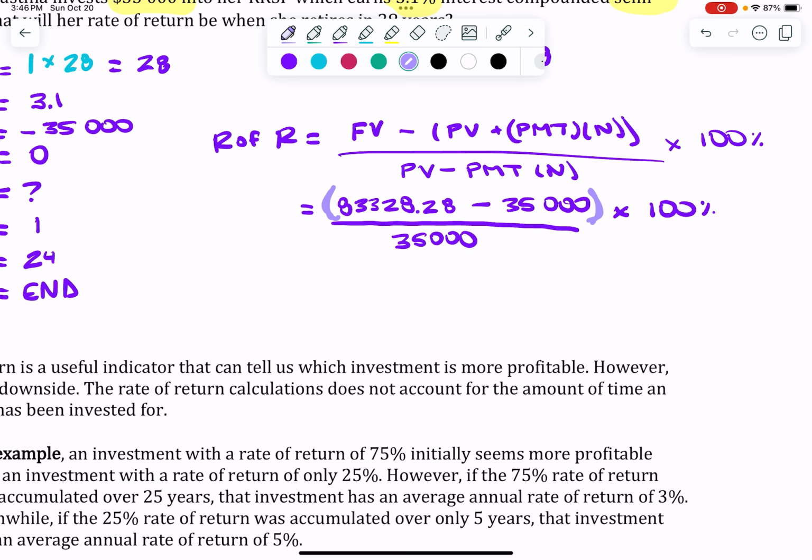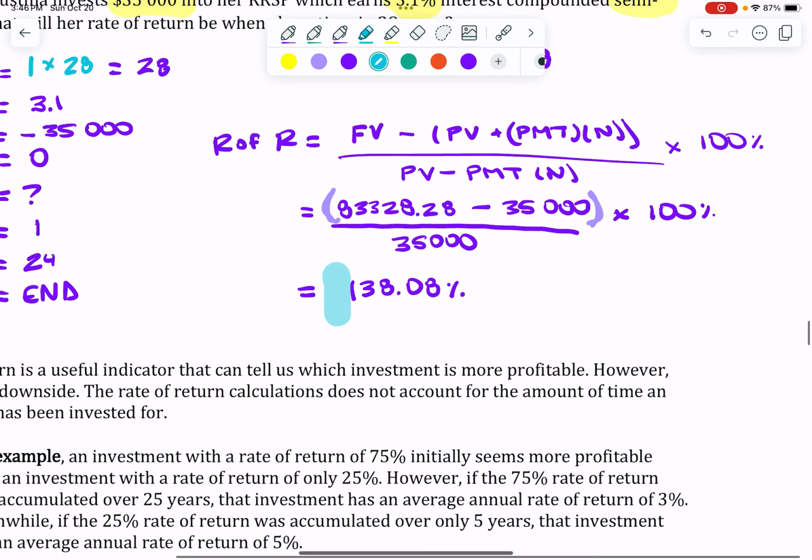I typically, when I plug this in, will type in the numerator, hit enter, then do the division, hit enter, then times by 100, and hit enter. When you plug it in, I hope that you are able to get a rate of return of 138.08%.